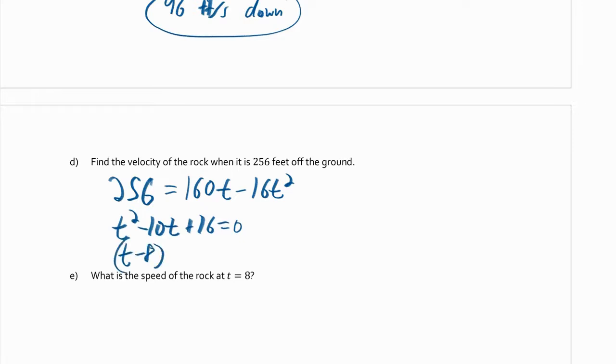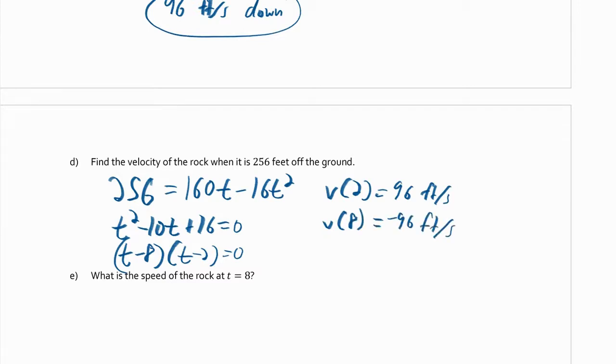That factors into t minus 8 and t minus 2. So there are actually 2 points where this is happening. I know that v of 2, if I plug it in, is positive 96. We haven't done that, but we did do v of 8, which is negative 96. That should make sense. It's the same point on the way up and the way down.